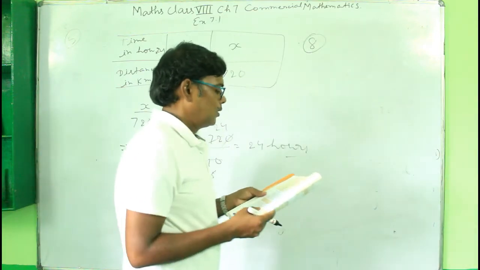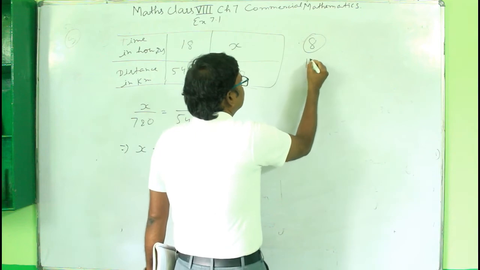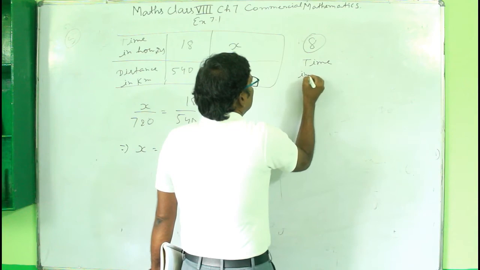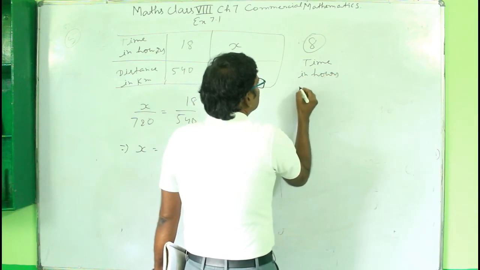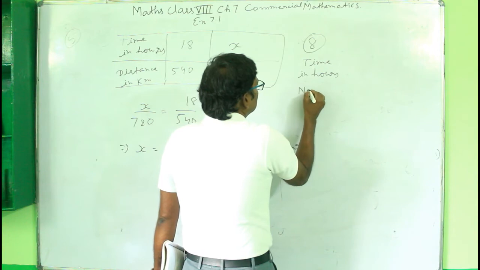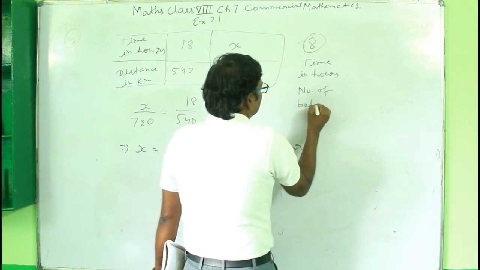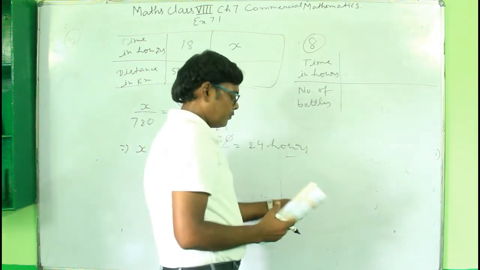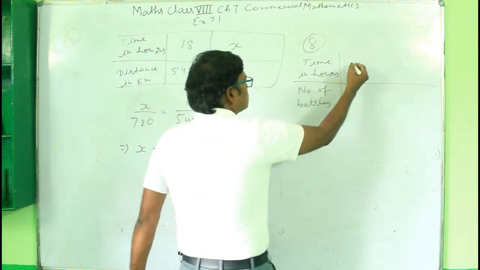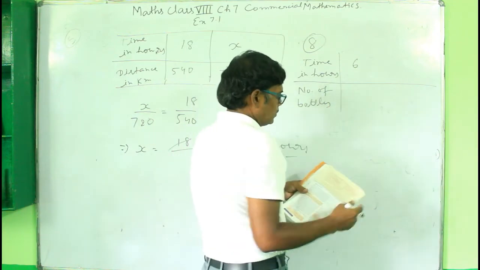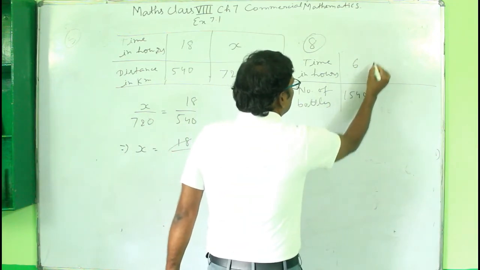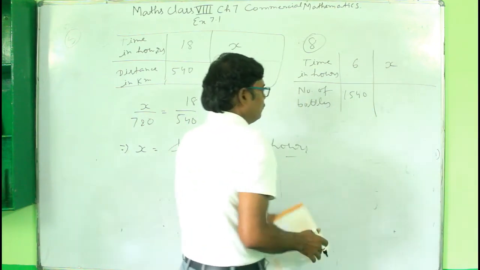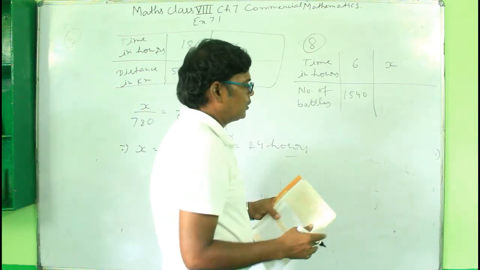So here again you are given hours, that is, time is given. Time in hours and the number of bottles. So time in hours you are given 6 hours. In 6 hours the number of bottles capped is 1540, and then we have to find the number of hours in which it will cap 2310 bottles.